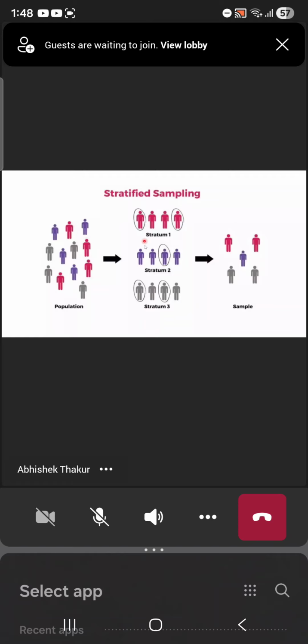This is the first stratum in which the red persons are selected. Second is the stratum of blue persons, and third is the stratum of the gray ones. Then we select the sample from each substratum. So that is the method of stratified sampling. First we divide into different substrata, and then we collect the sample from each substratum.